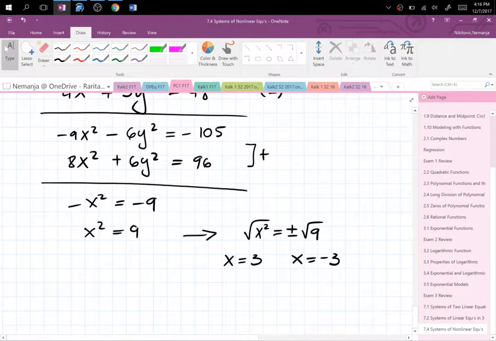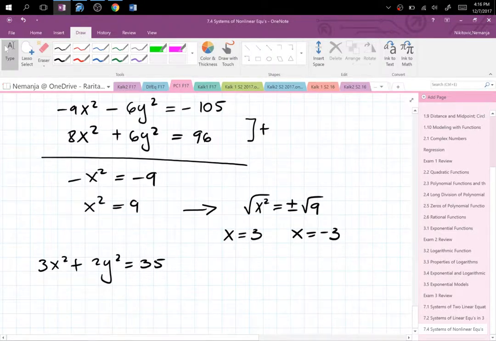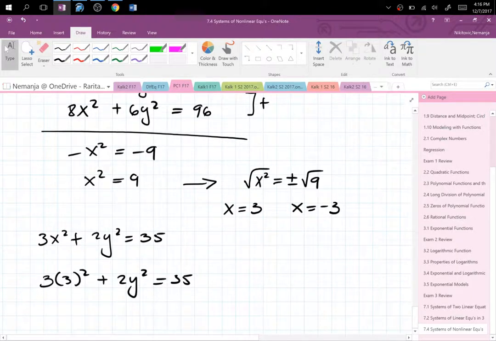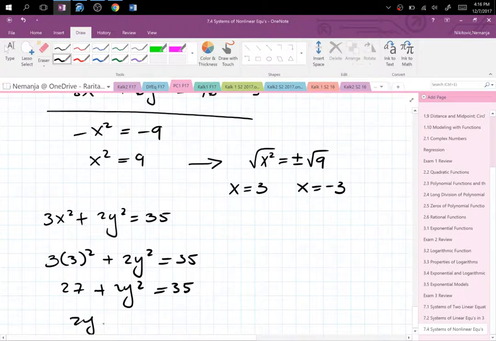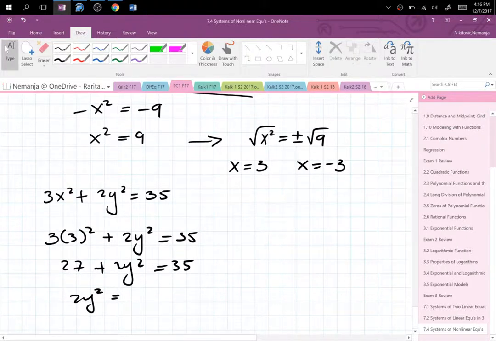So we can use the first one. 3x squared plus 2y squared is equal to 35. And you plug in x equals 3, so you will get 3 times 3 squared plus 2y squared equals 35. 3 times 9 is 27. So 27 plus 2y squared is equal to 35. Minus 27 on both sides. 2y squared is equal to... Very good.